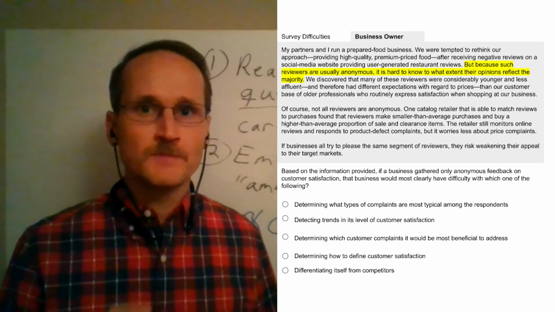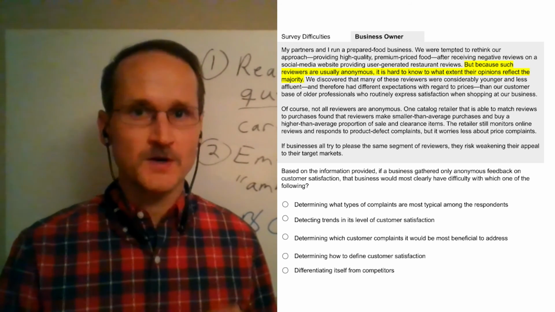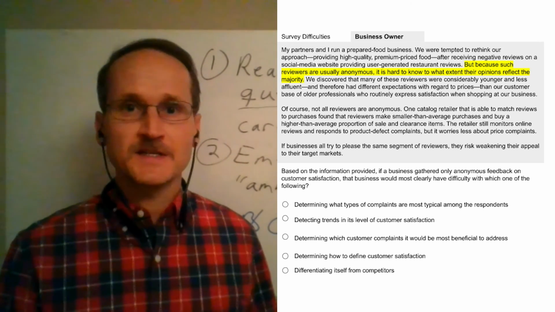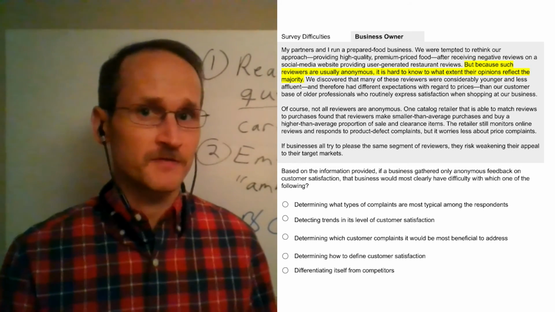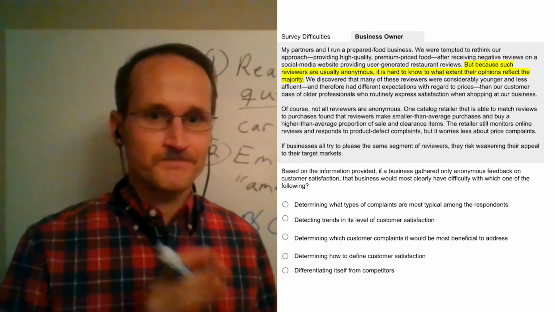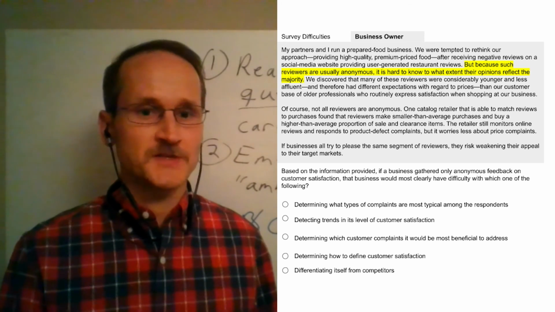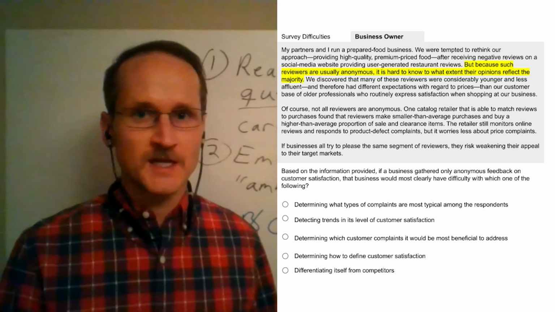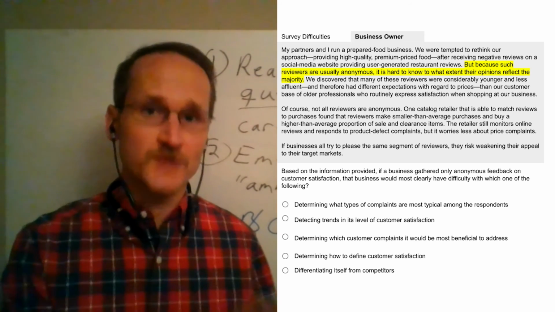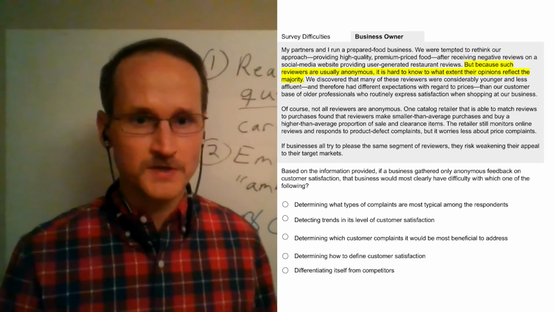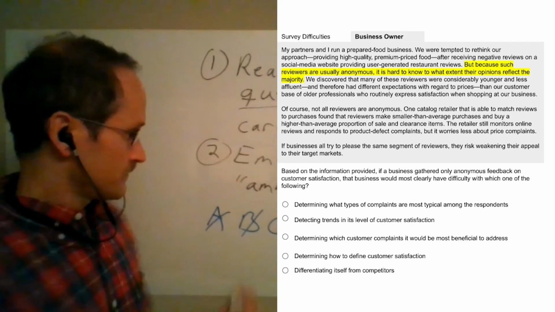That was the whole conclusion of this business owner tab. You don't want to overreact to these negative reviews. Maybe they don't reflect the majority. So C is another way of saying that. If we're not sure whether these opinions reflect the majority, then it can be hard to tell if we should actually address those concerns, react to those reviews. So let's leave C and see what else we have.